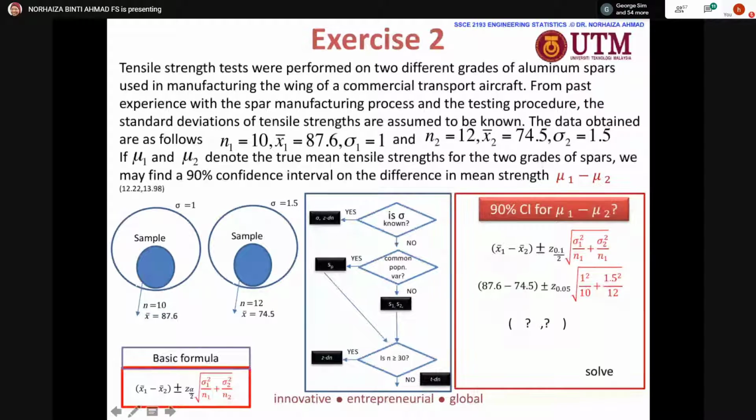They just say the sample mean is 7.6, the tensile strength is given as 1 and 1.5, and the sample size information is given by 10, 87.6. So basically, if you assume sigma to be S, then you would obviously be using a different formula, which results in the whole thing being wrong.